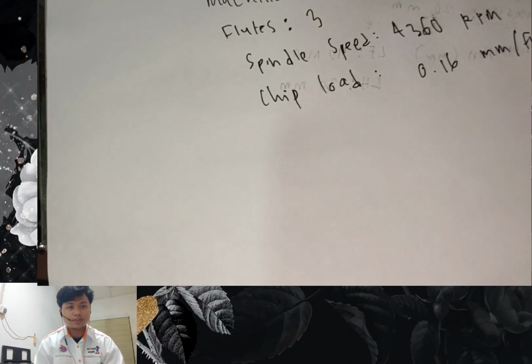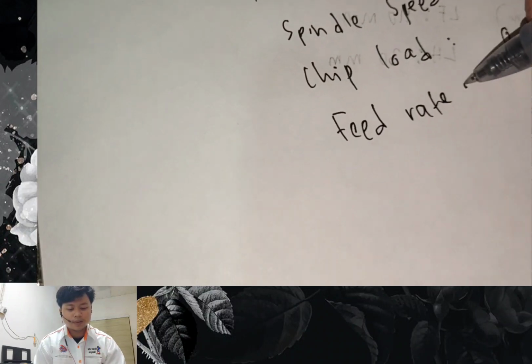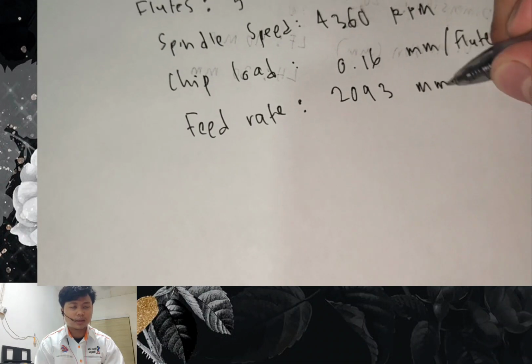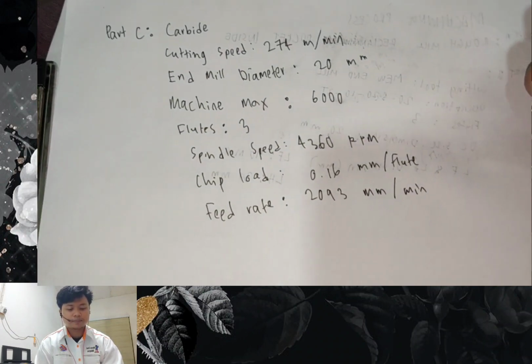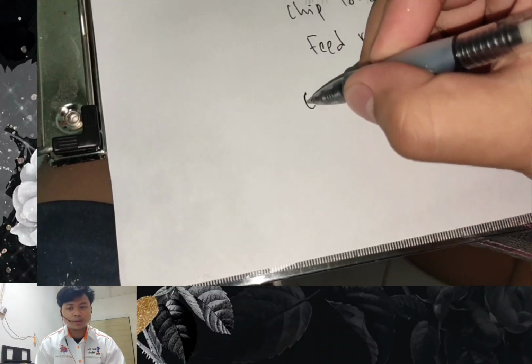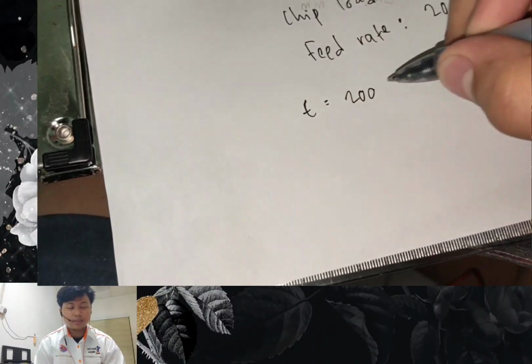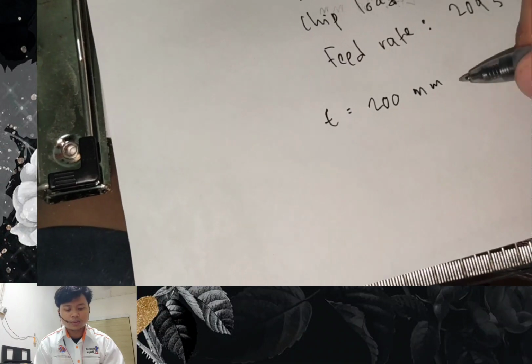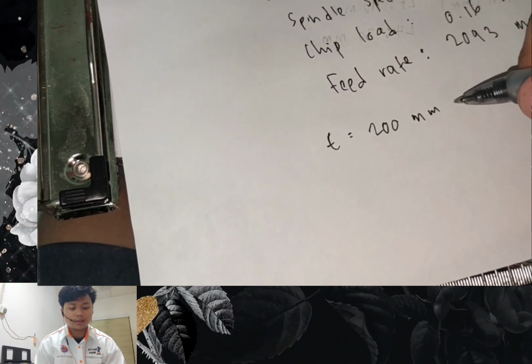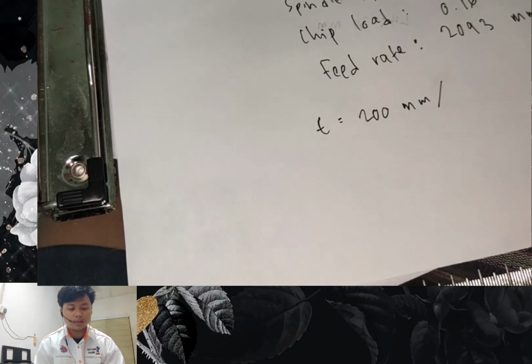For the spindle speed, the spindle speed is 4360 rpm. For the chip load, the chip load is 0.16 millimeter per flute. For the feed rate, the feed rate is 2093 millimeter per minute.